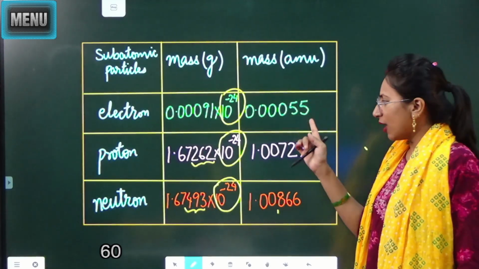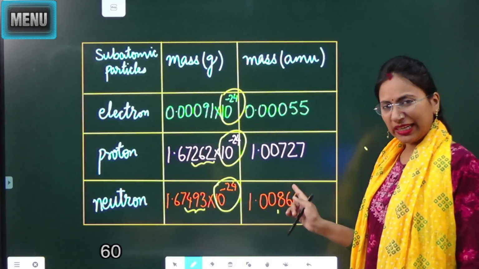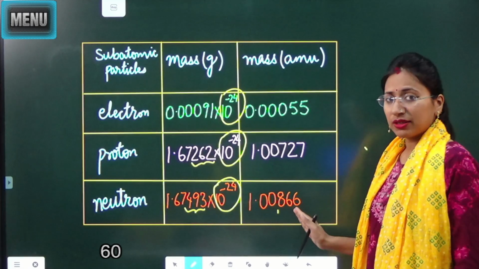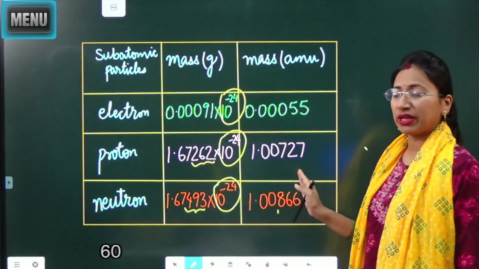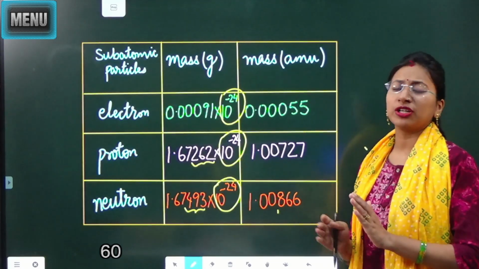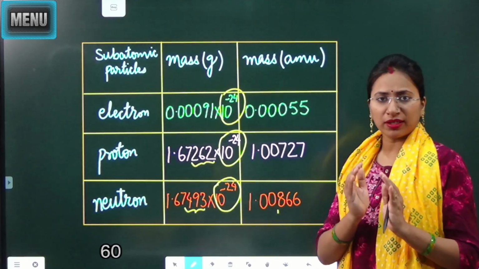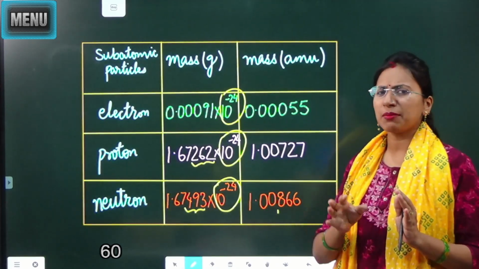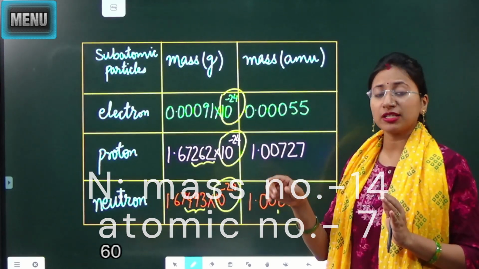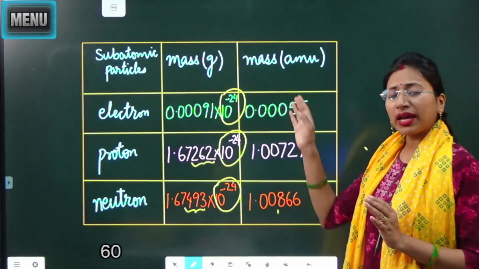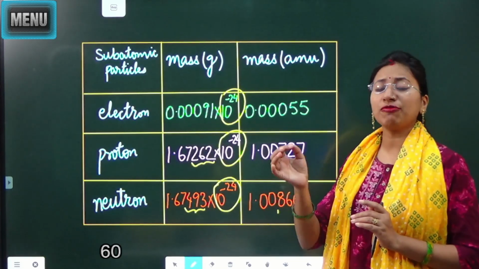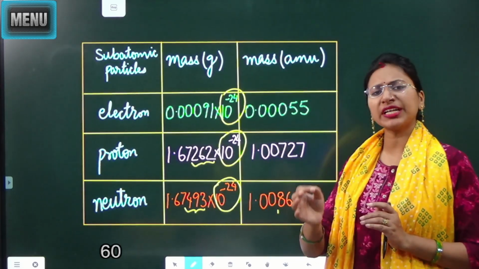Now if you want to calculate the mass of any atom using the subatomic particles in AMU, you will come to the conclusion that the mass of that atom is not exactly, for example, the mass of N-14 in AMU, which we take as 14 AMU. But when you calculate it using the subatomic particles, the mass will be slightly greater than 14 AMU. You can check it using any atom.